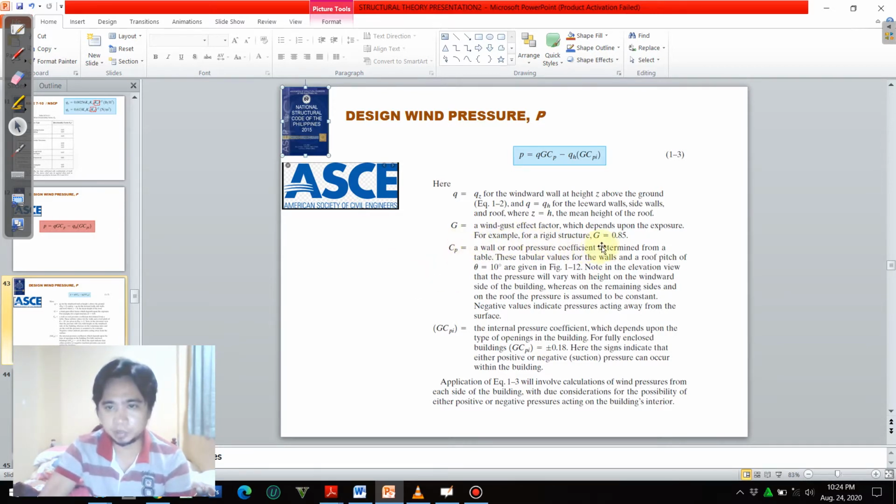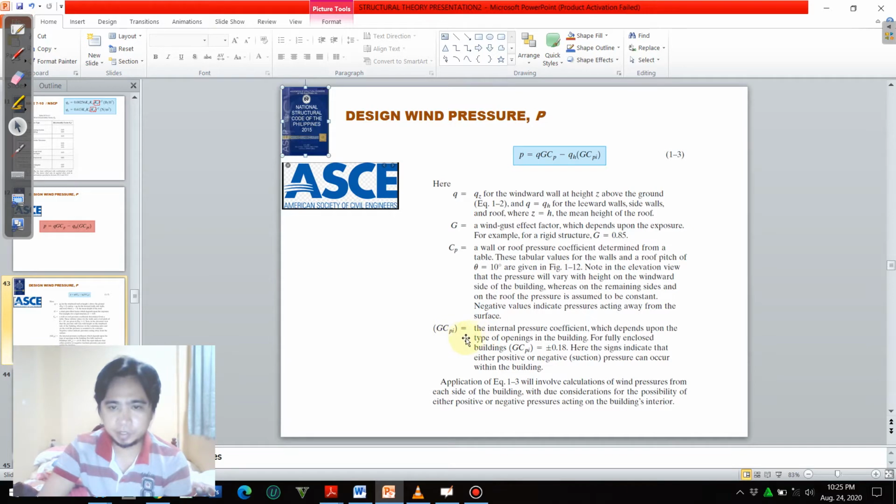For a rigid structure, we have 0.85, and then the pressure coefficient is present on the table, or in Figure 1-12 in the ASCE 7-10. So we have a table for wall and a table for roof actually.